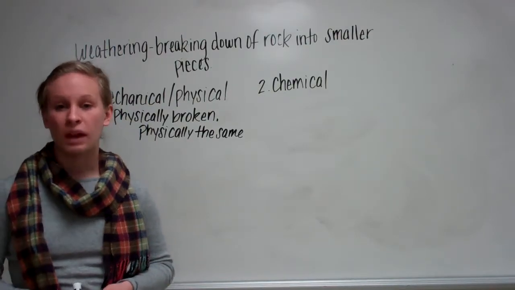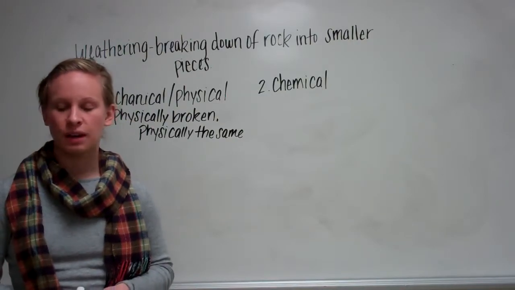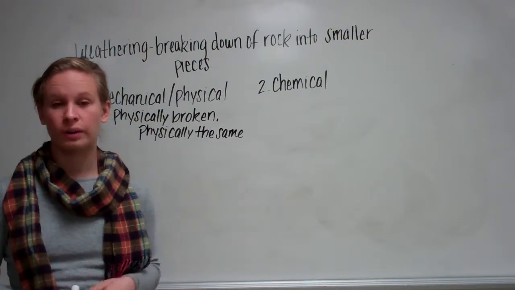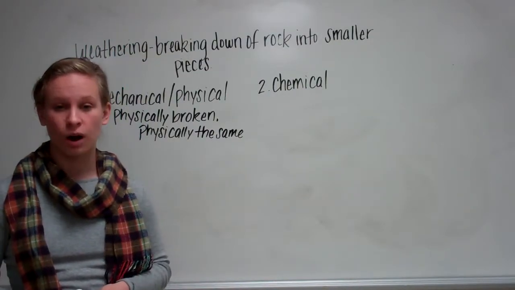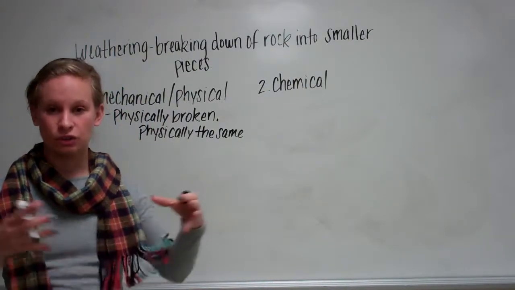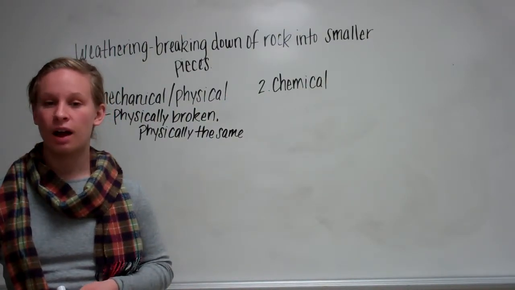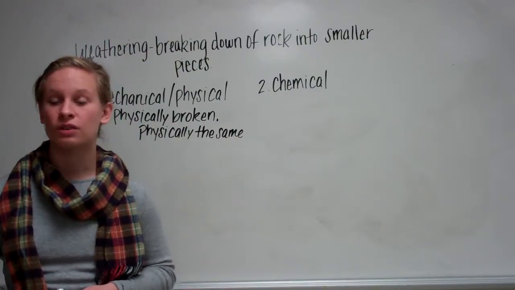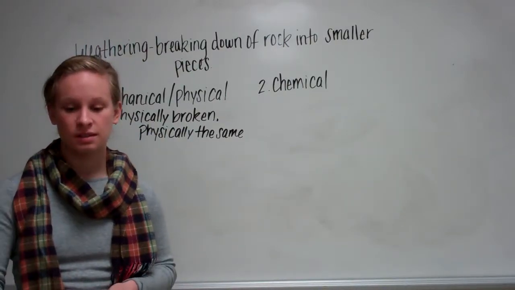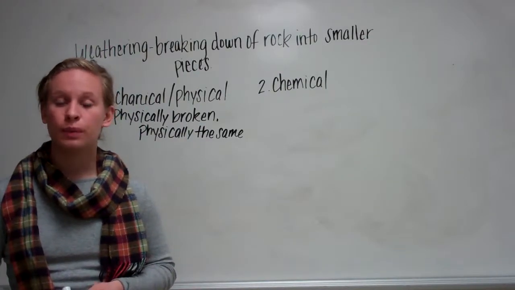And so a couple of ways that we can see physical weathering occurring could be ice wedging, which is where we have liquid water going down into a rock, and then as it freezes, as a characteristic of water is that as it freezes, it increases in size. So when we have water freezing, it breaks the rock apart. Another thing is we can have plant roots going down into a rock, and as our roots reach down and get further into the rock, we have the physical breaking down of the rock.